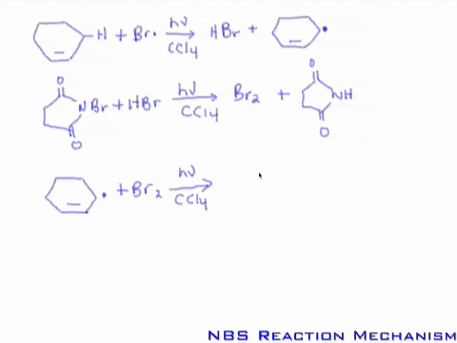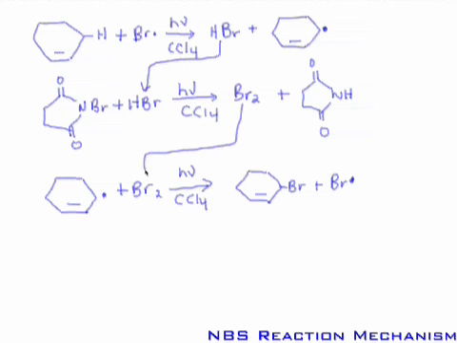And you get your allylic bromide, and you get a new Br dot. Now let's just link it up. The HBr came from here and reacted. The Br2 came from here, goes there, and the Br dot goes back to the beginning.